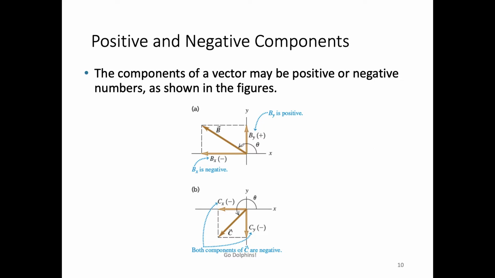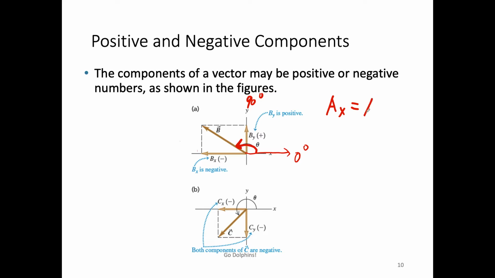So we want to adopt such a way that the angle of the vector is always counted from the positive x direction. We call this one 0 degree, this 90 degree. So you count counterclockwise from 0 to the vector itself. And in such a way, those two equations would always be true.